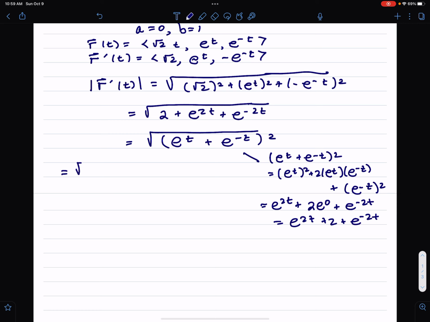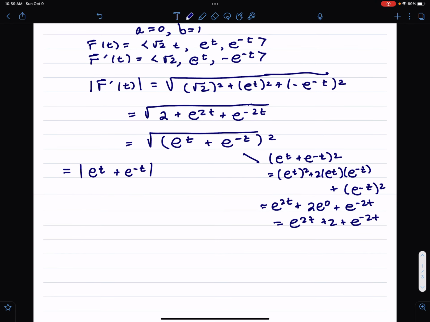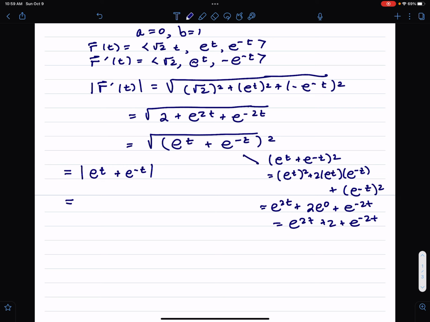Then I have the square root of something squared, which gives the absolute value of e to the t plus e to the negative t. In general, the square root of a quantity squared gives the absolute value of that quantity. However, since e to the t and e to the negative t are positive, we don't need absolute value there. Now we're all good to go.